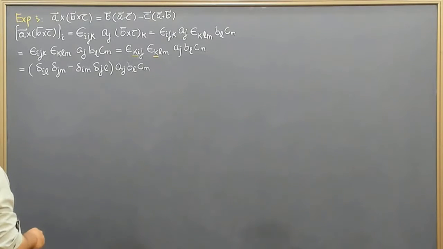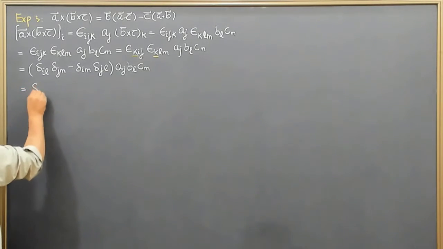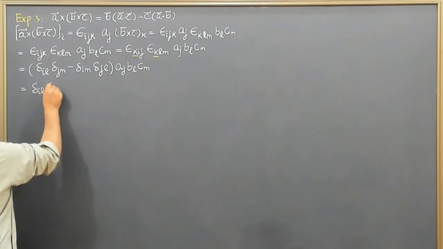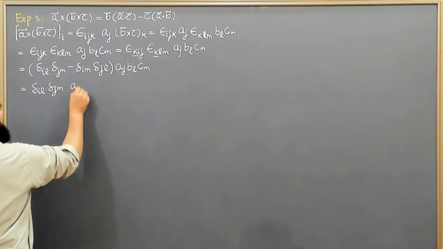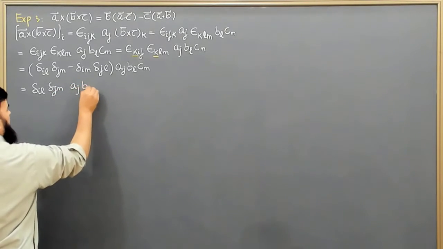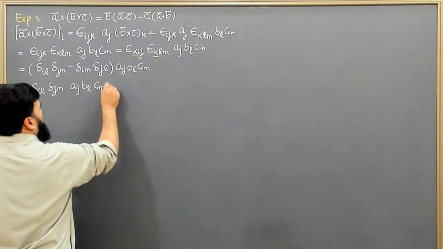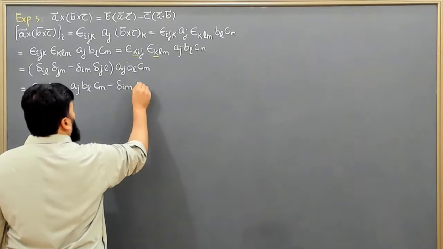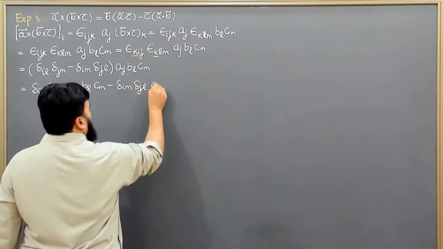Now I can multiply the terms. So the terms are delta il delta jm A_j B_l C_m minus delta im delta jl A_j B_l C_m.